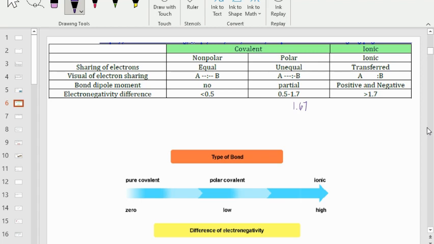Generally speaking, covalent bonds are between nonmetals and nonmetals. Ionic are typically between a nonmetal and a metal. When they talk about a dipole moment here, what they mean is an area that is charged. So di means two. You would have two poles, a positive and a negative pole.